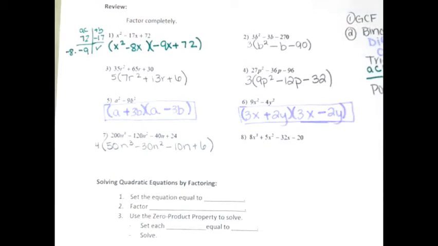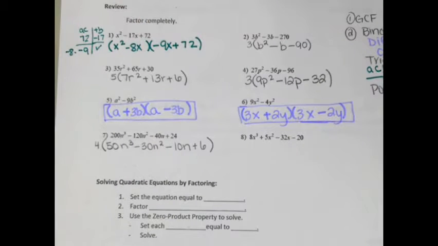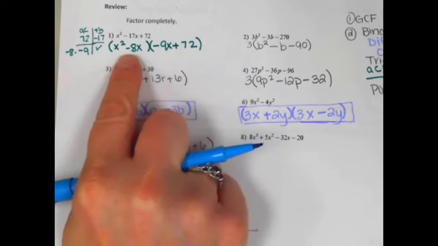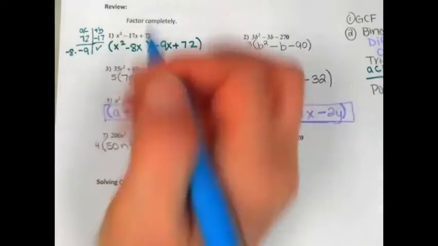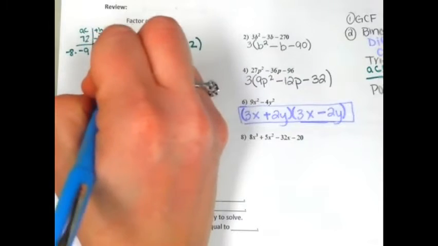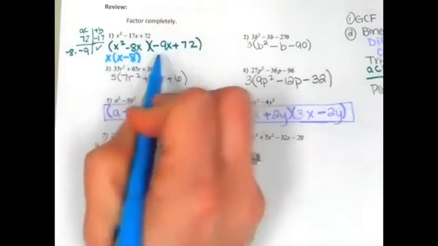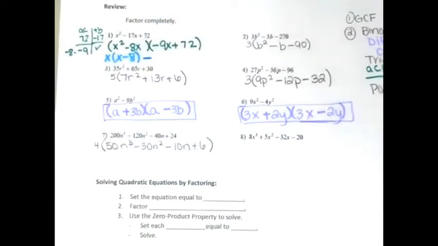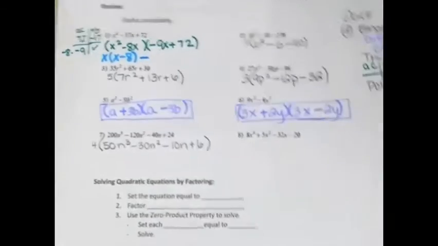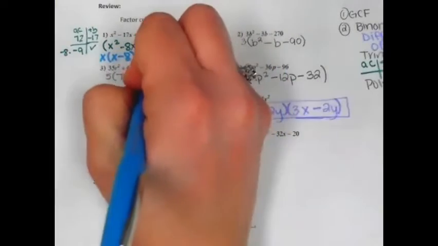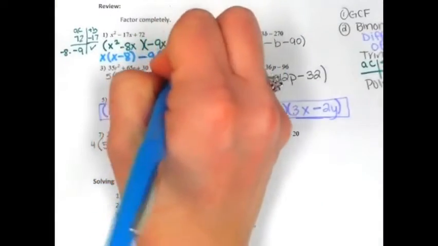And then what do we do after you set it up here? You factor out your GCF, right? So what's my GCF between x squared and 8x? x. So we have x minus 8. Since 9x is negative, we pull out a negative. And what's my GCF between 9x and 72? 9, and I'm left with x minus 8.